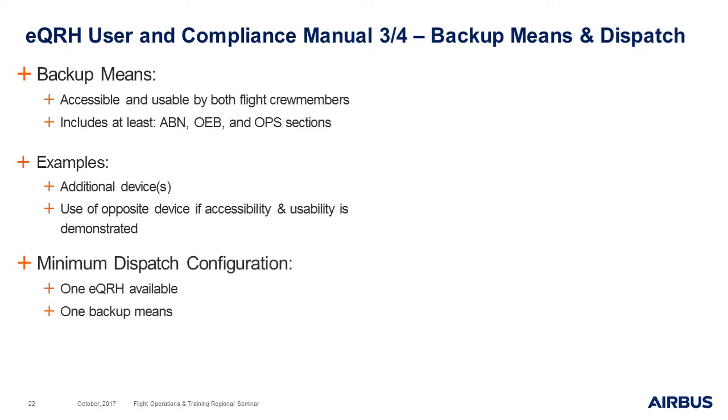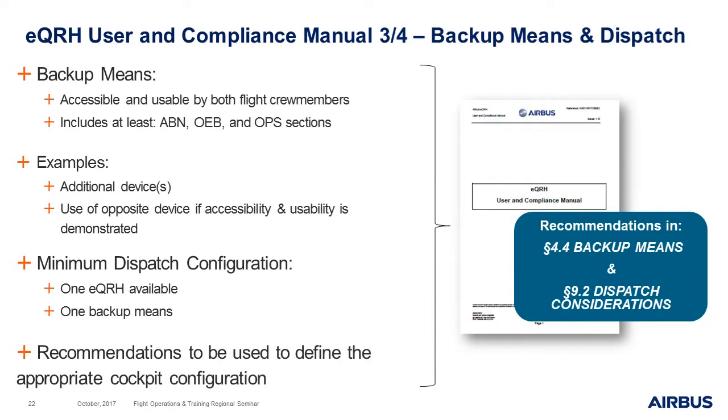And on top of the backup means in operations, a minimum dispatch configuration is required. The flight can be dispatched provided that at least one eQRH and one backup means are available in the cockpit.